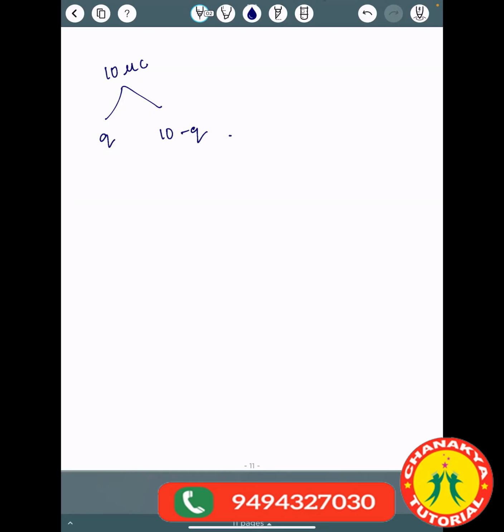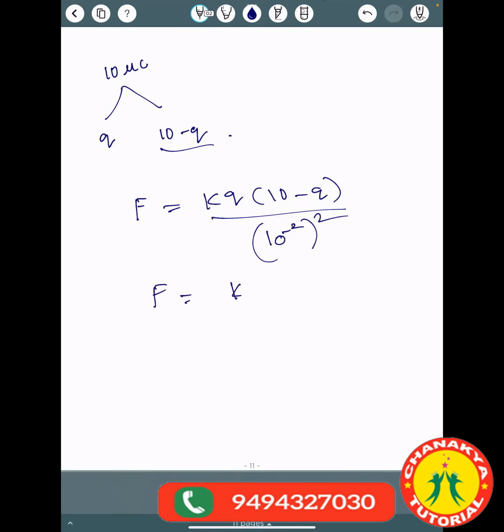They said 1 centimeter means 10 to the power minus 2 meters square. Okay, so now they are saying this force is maximum, right? So first to see what is it coming. K into 10Q minus Q square by 10 to the power minus 2 whole square.